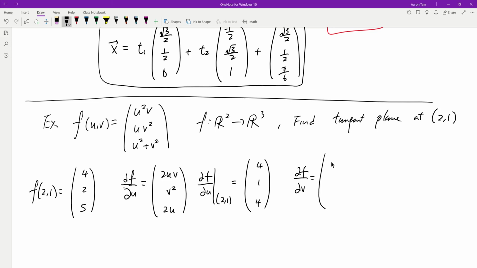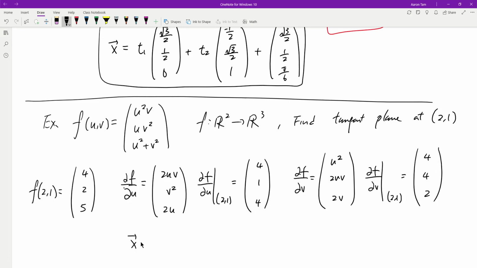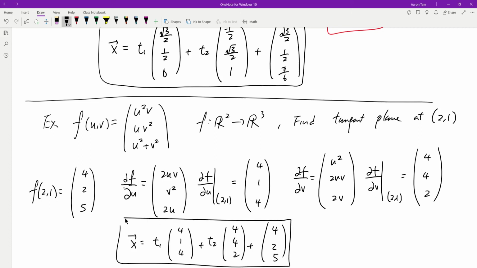And df over dv would be (u squared, 2uv, 2v). So df over dv at (2, 1) would equal (4, 4, 2). Therefore, our tangent plane will be t1 (4, 1, 4), plus t2 (4, 4, 2), plus (4, 2, 5). Pretty straightforward for this one.